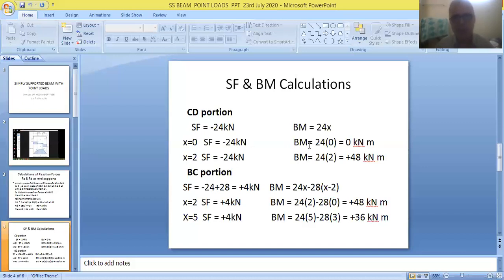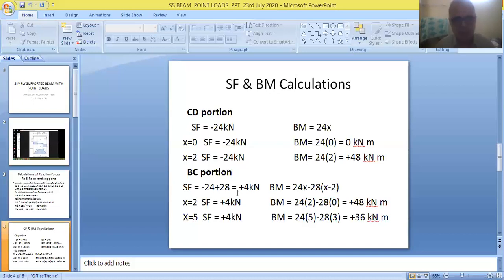Similarly, measure the BM value for the lower limit and the BM value for the higher limit. So friends, all these things will ultimately be useful for construction of shear force and bending moment diagrams. Now friends, coming to the BC portion.